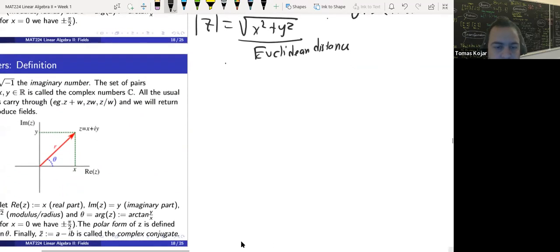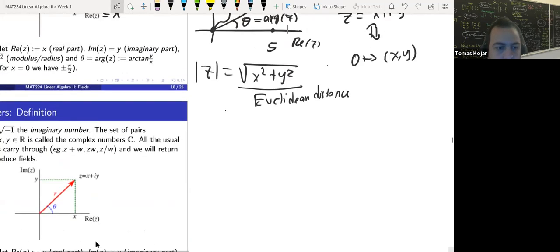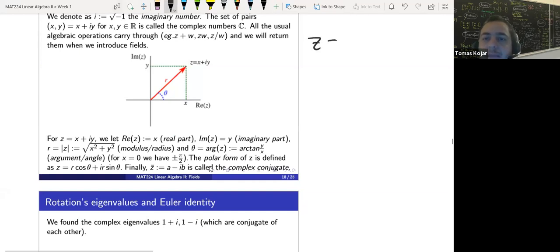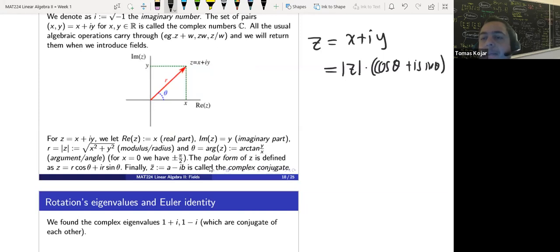There's another, much more convenient way to do it, which is called the polar form. If you have a complex number x plus iy, you can write it as the modulus times its position on the unit circle: cosine theta plus i sine theta.